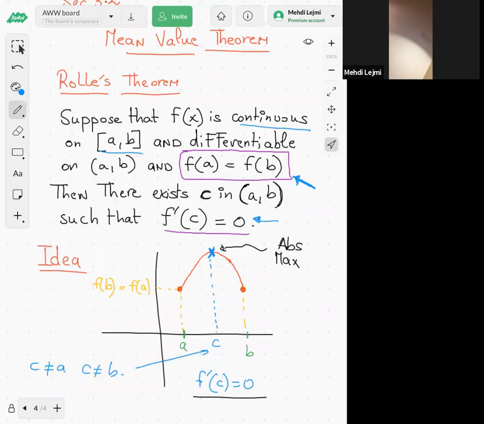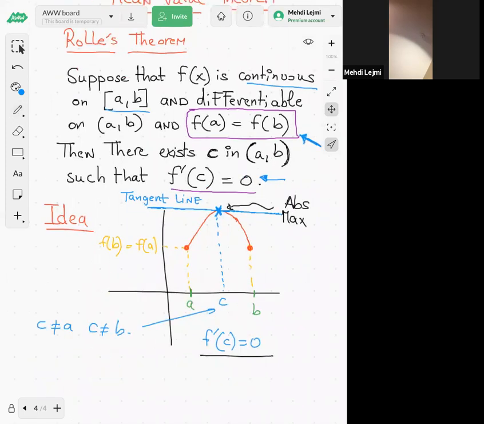Now which kind of line has slope 0? That's when you have a horizontal line. So this is your tangent line here, and it's a horizontal line. When you have a horizontal line, the slope is 0. That's why this f prime of c is 0.